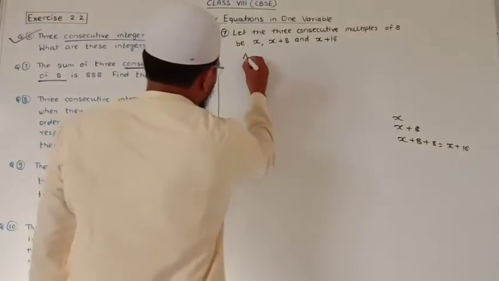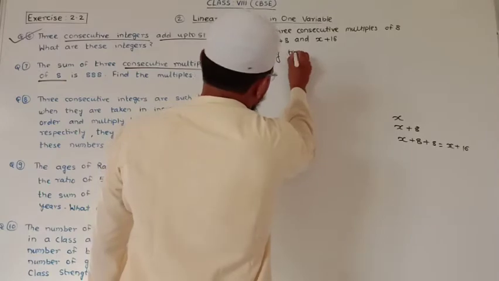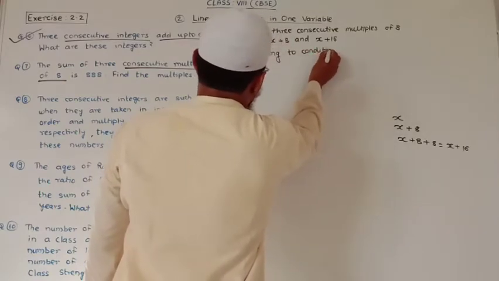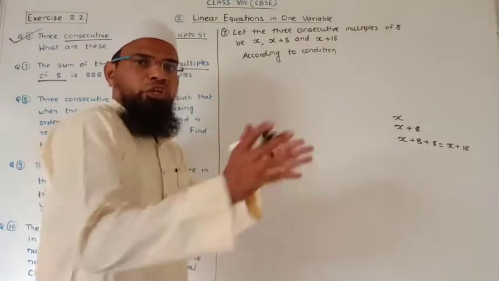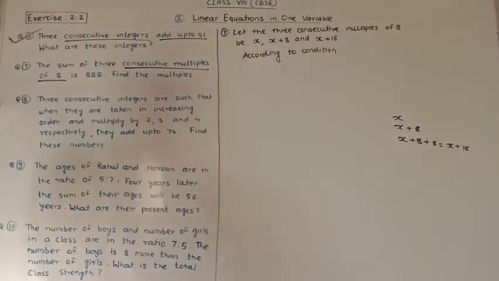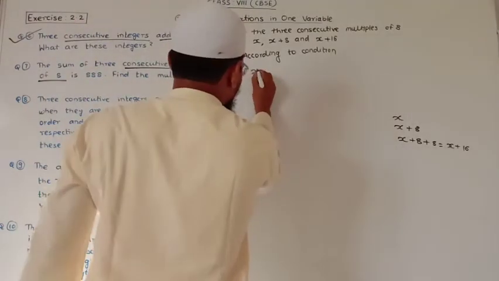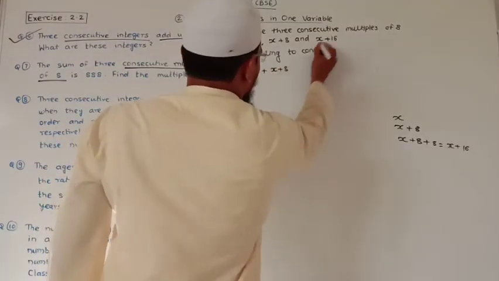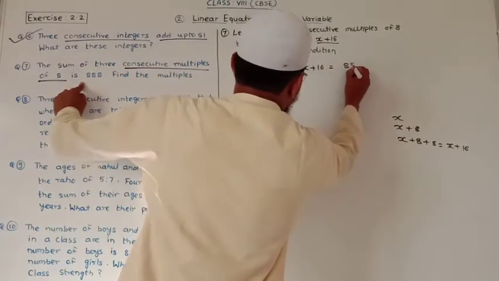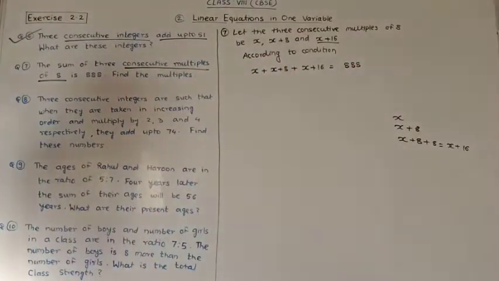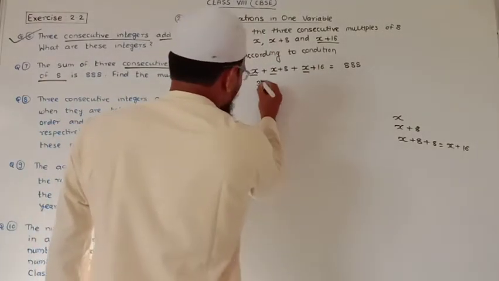We write, according to the given condition, the sum of these 3 consecutive multiples of 8 is 888. So we write x plus x plus 8 plus x plus 16 is equal to 888. First of all we add the variables: x plus x plus x is 3x.